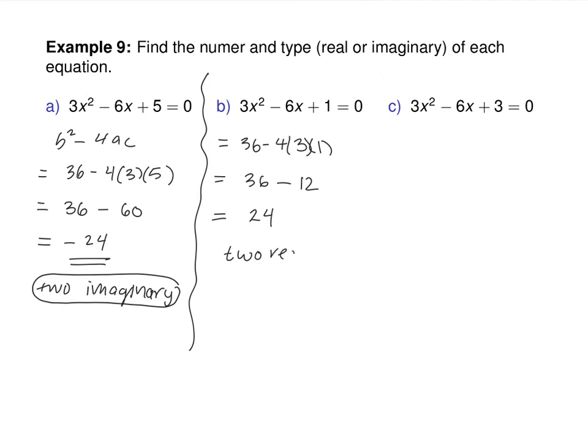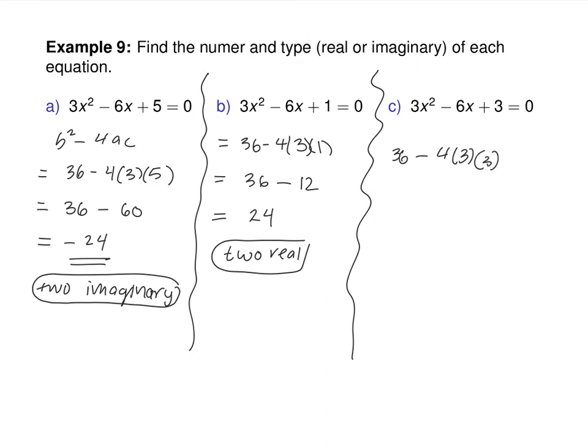So 2 real. All right, this one. So we'll have 36 minus 4 times 3 times 3. I think that's 36 minus 36, which is 0. So 1 real answer.